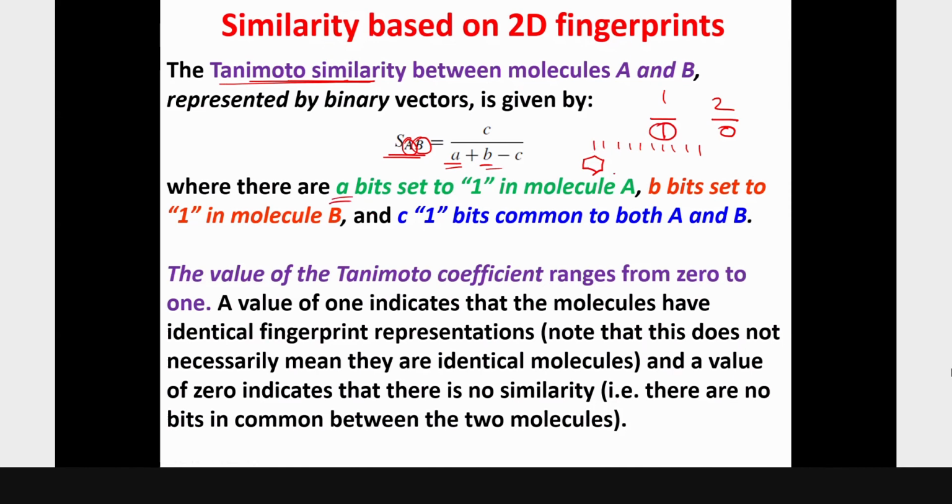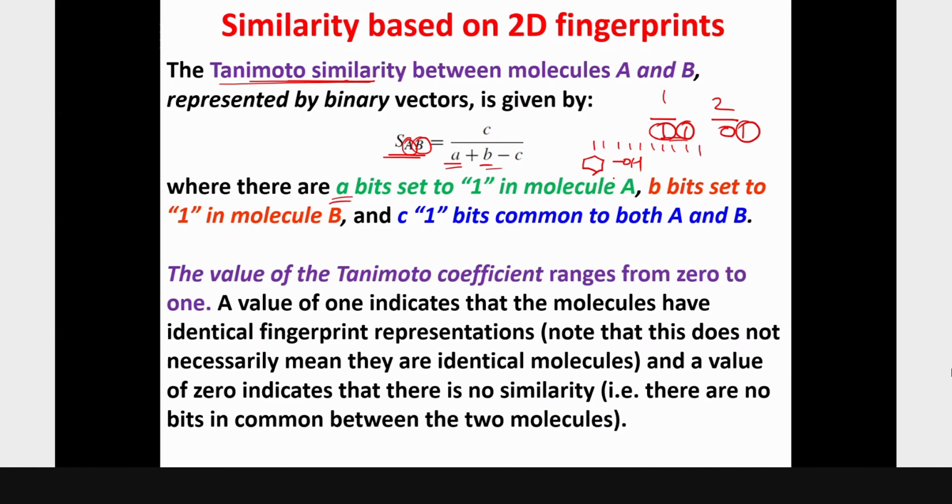1. Suppose there is a hydroxyl group OH, and if it is present in compound number 1, I will write here 1 again. Maybe in compound number 2 also it is present, so I will write 1 again. So my count of A has now become 2, because bits set to 1 are 2 here, whereas my B will be equal to 1, because only one thing is actually matching.